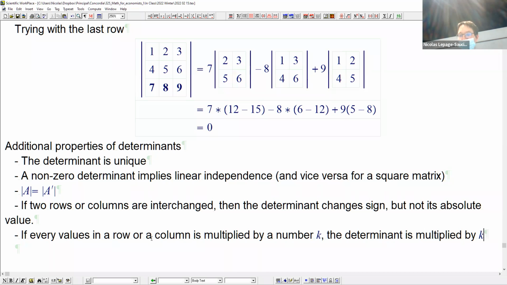All these properties are obvious for 2 by 2s, but for n by n, not necessarily.